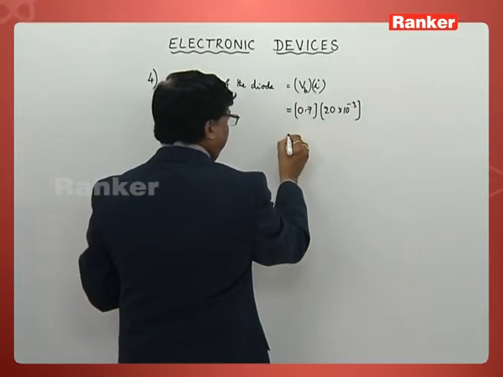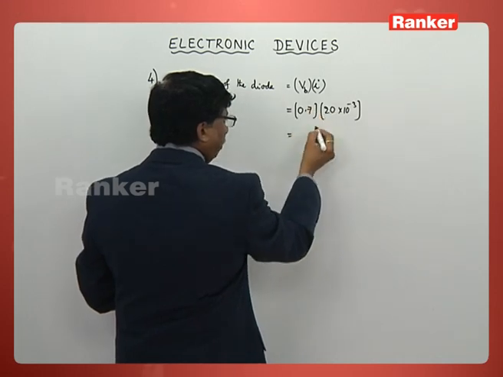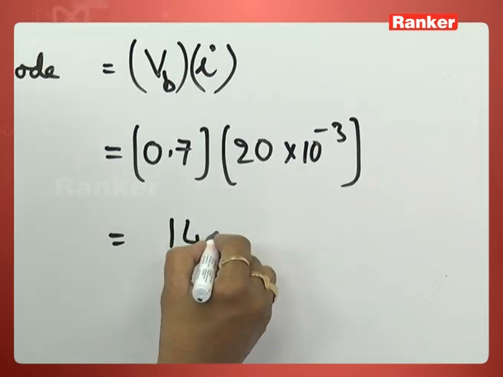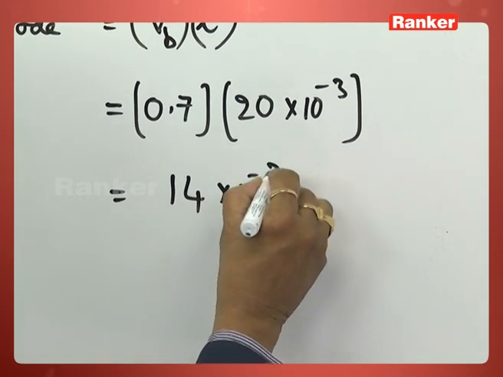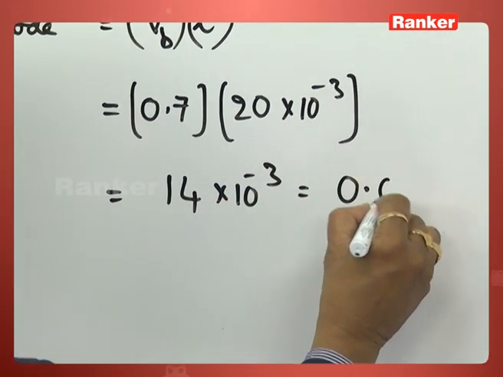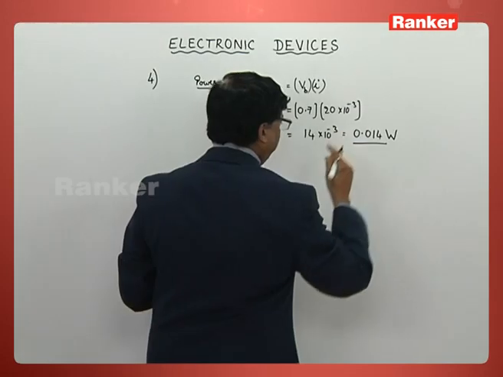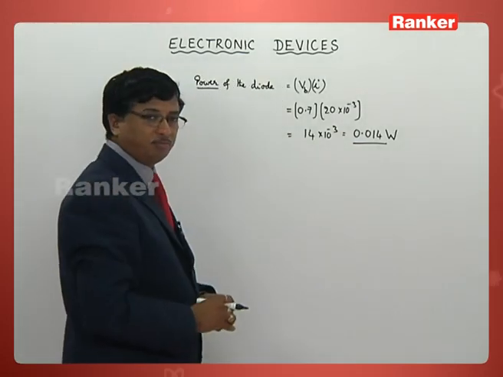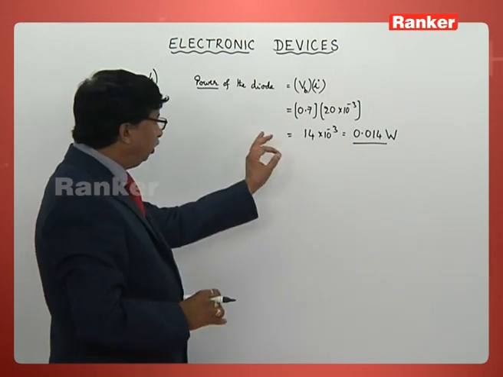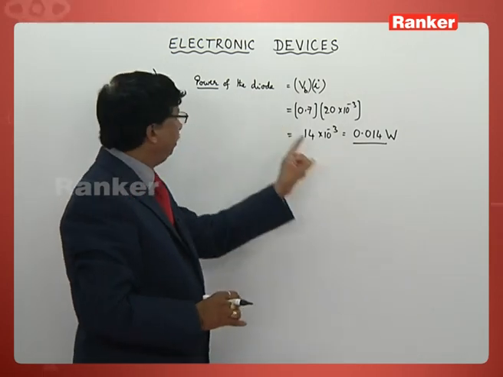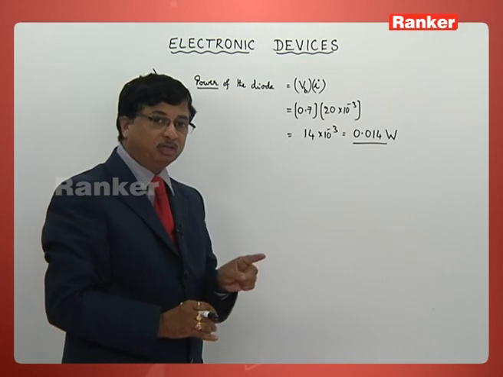Multiplying, 0.7 into 20 gives 14 into 10 power minus 3, which can be written as 0.014 watt. 0.014 watt is going to be the power of the diode.